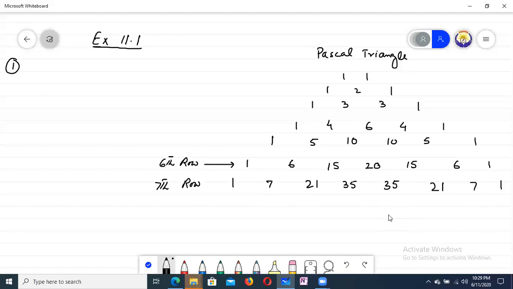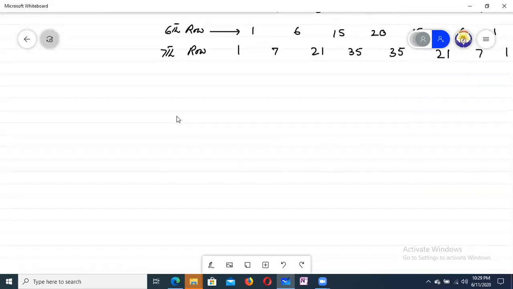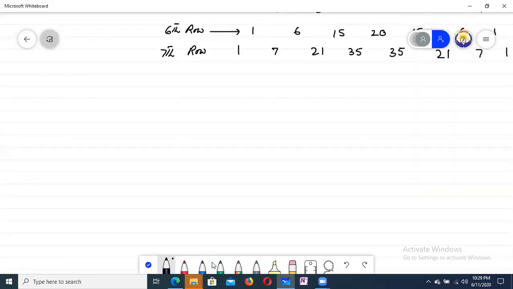Now we'll start the next question, question number 2. What is in question number 2? Use the Pascal triangle to find the expansion of, the first part, (1 plus x) whole cube.